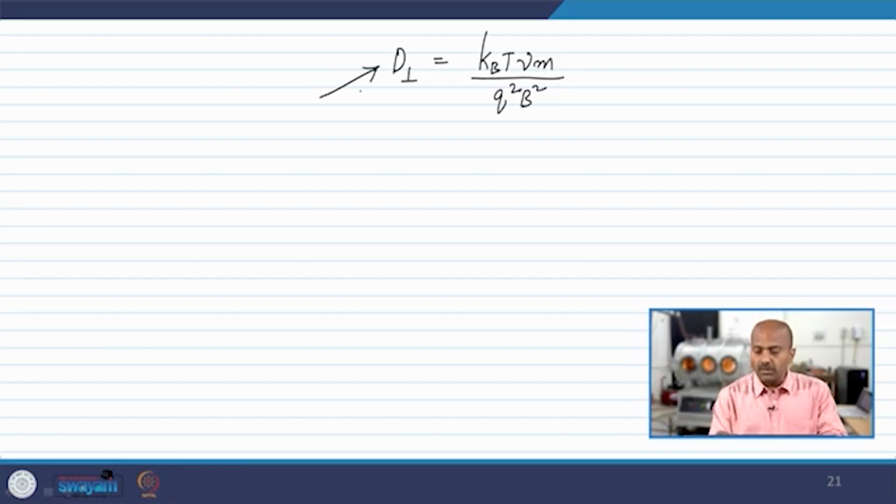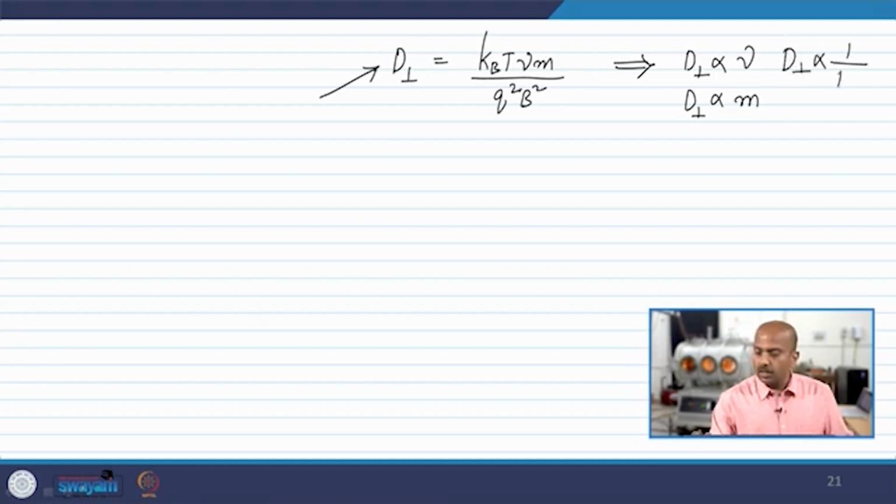Okay. Now, from this, D perpendicular is directly proportional to the frequency. What is this frequency? This is the collisional frequency, and D perpendicular is also proportional to m, proportional to 1 by B square, right, and proportional to the temperature.